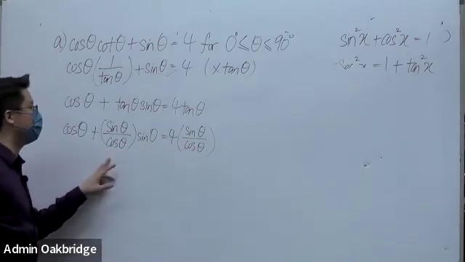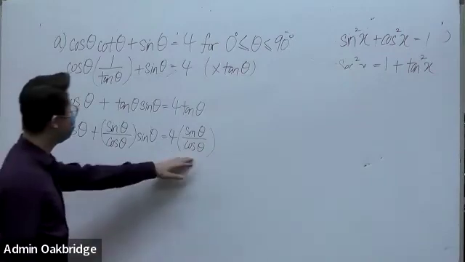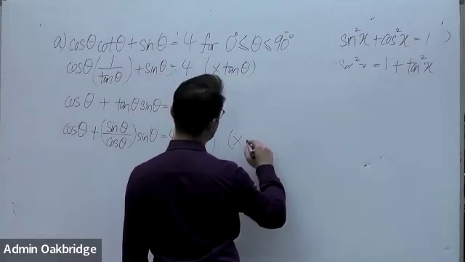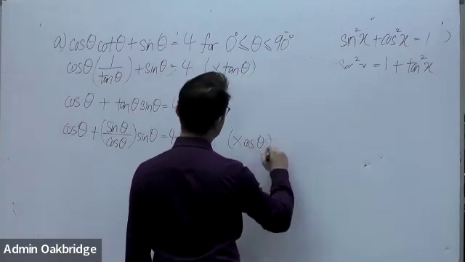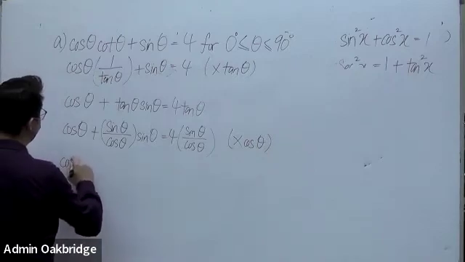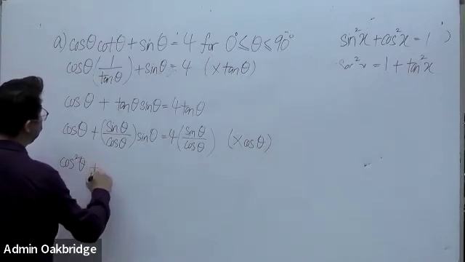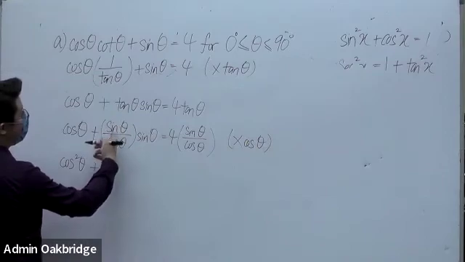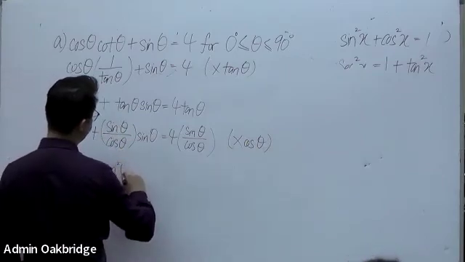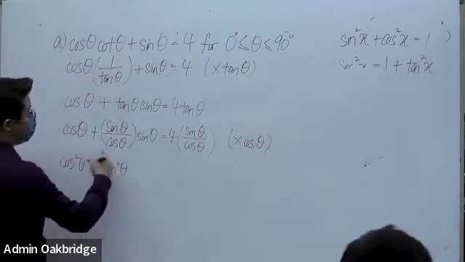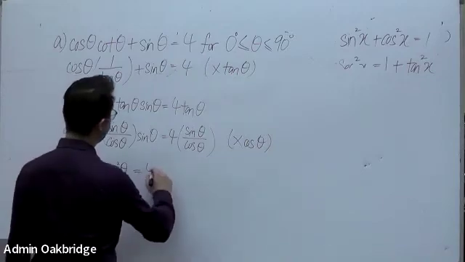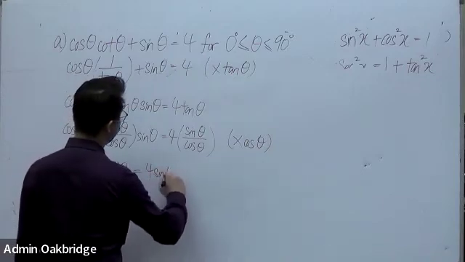So you multiply by the denominator. You can remove the denominator by multiplying by the denominator. So we have cos squared, and now we don't have any cos here, it will be sine square. Right, and then equals 4 sine theta.